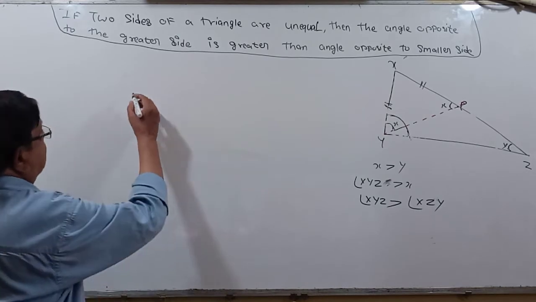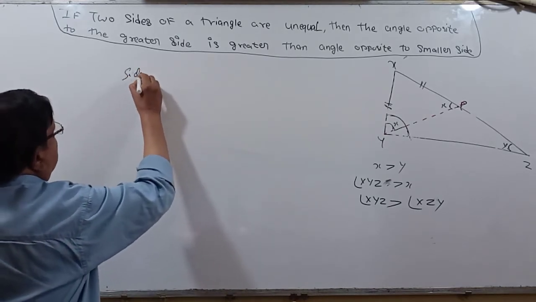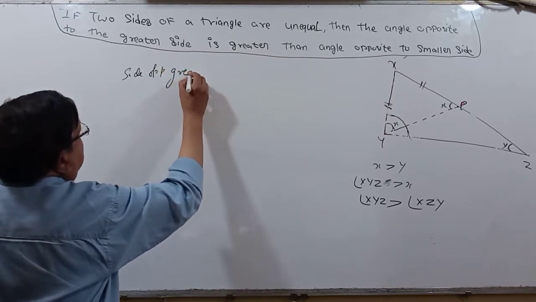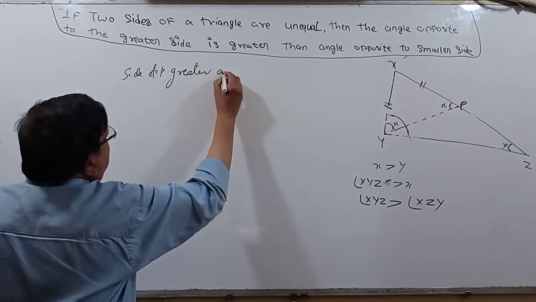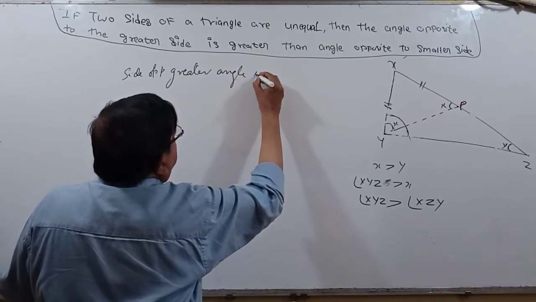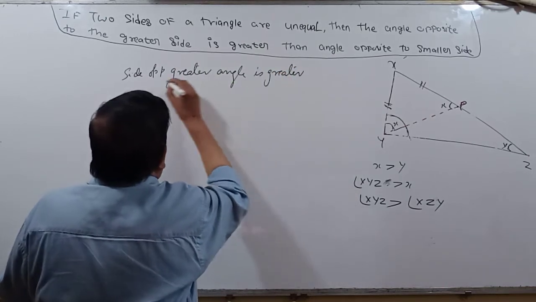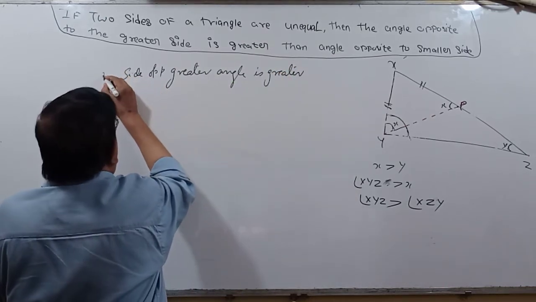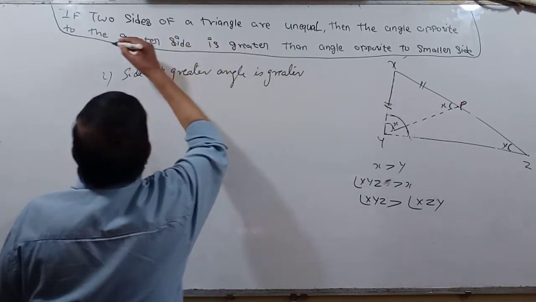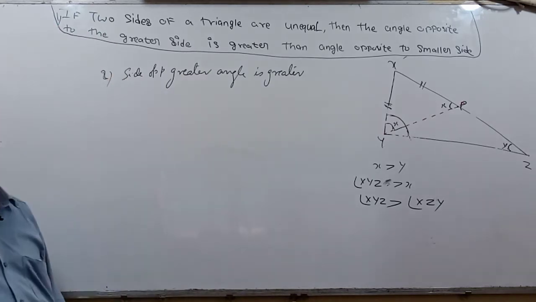So opposite. अभी side opposite to greater angle is greater. This is theorem number 1, and this is theorem number 2.